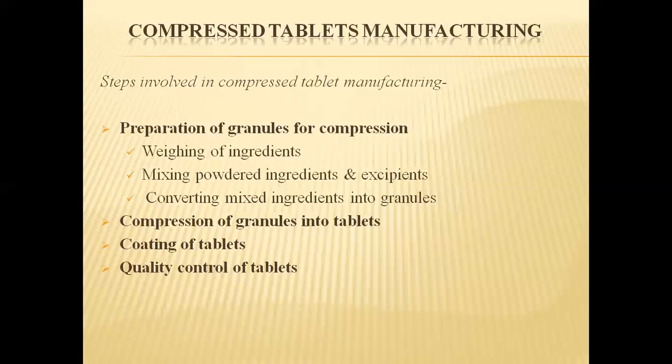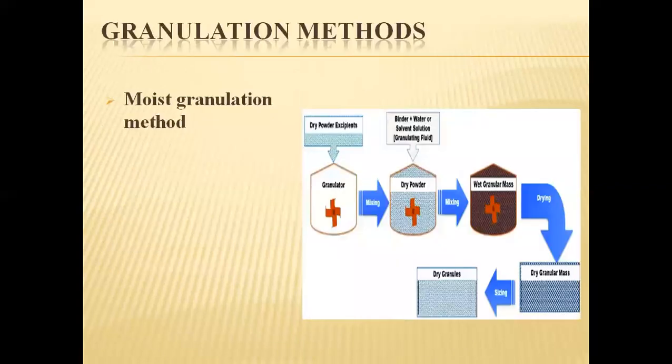The crystalline medicaments that are compressed to prepare a tablet, along with other excipients, are generally granulated by different granulation techniques. There are some granulation techniques. We'll come to different granulation techniques.